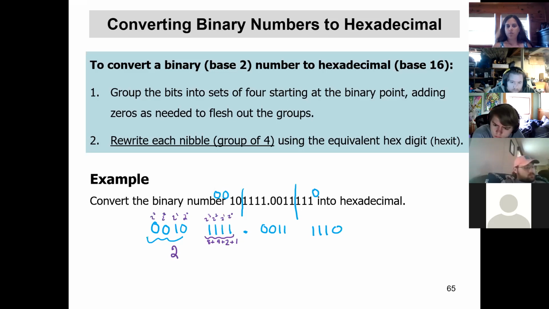So you have 2 cubed, 2 to the second, 2 to the first, 2 to the 0. When you add those together, it comes out to be 15. Well, in hex, 15 is not 15. What's 15 in hex? F. F, right? You said F?